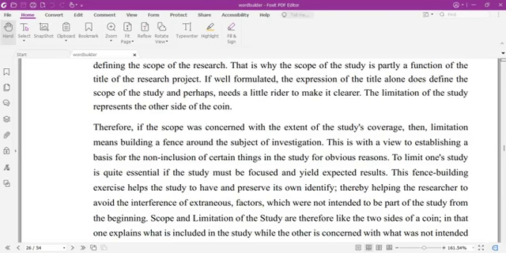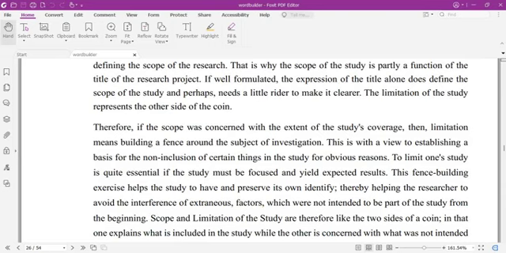To limit one's study is quite essential if the study must be focused and yield expected results. So you don't need to start going far and wide and digging deep into so many other things that are not necessary. You limit it, and it helps you to be focused on what you're working on, and it will help to yield the results that you expected to get.